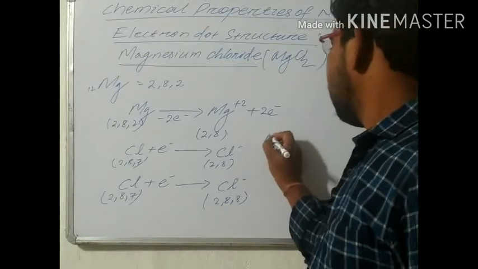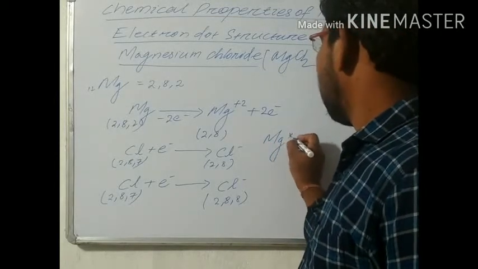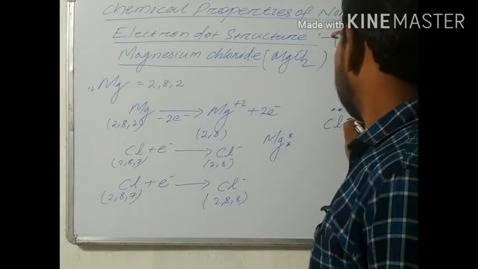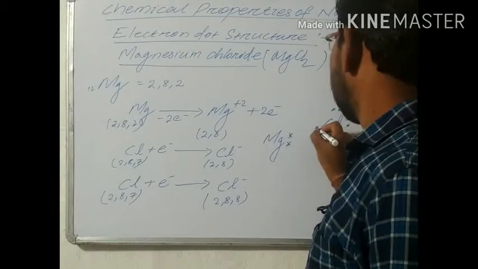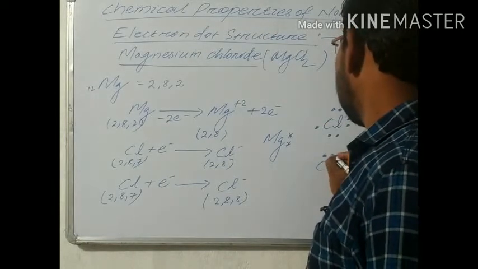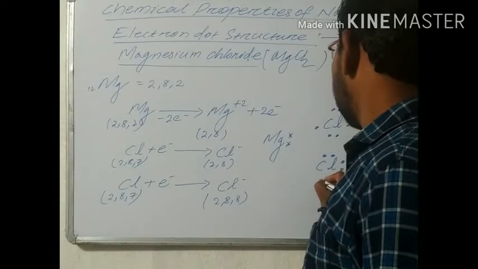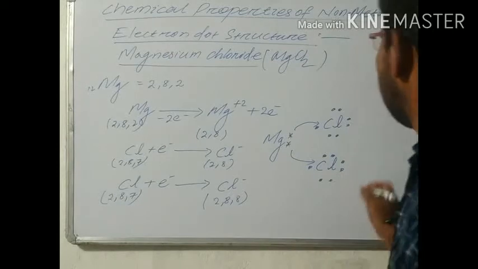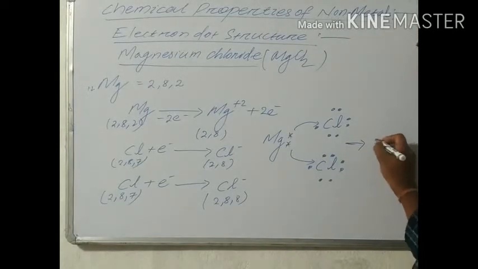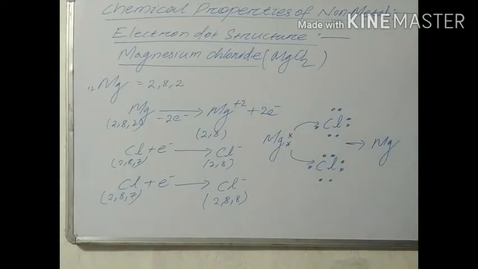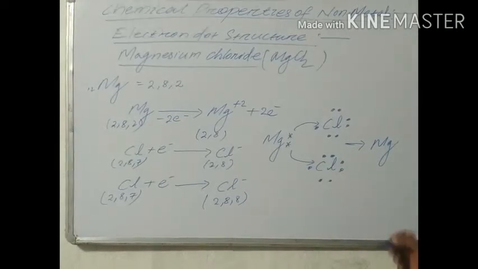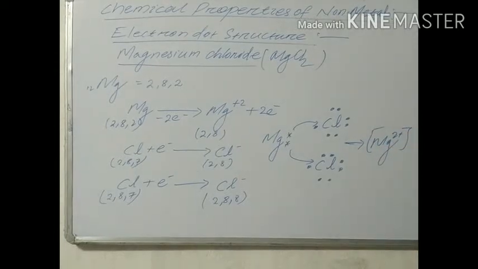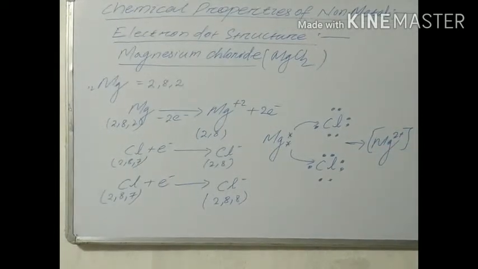So we draw magnesium with 2 electrons, one for each chlorine atom, here 1 electron and here 1 electron, and form magnesium chloride, Mg plus 2 and chlorine Cl minus.